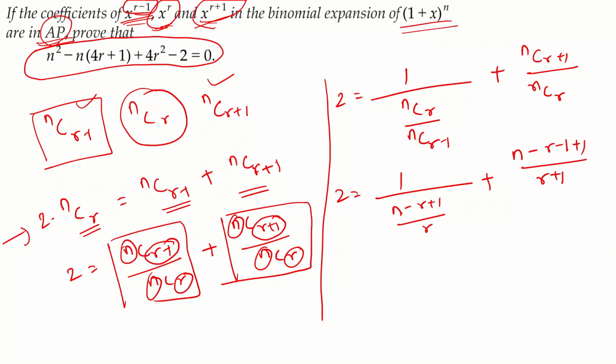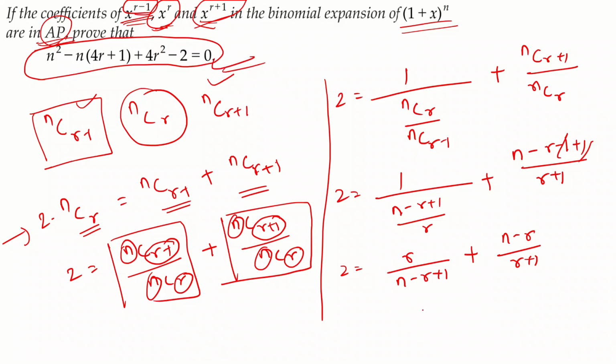Now I can again take the reciprocal, which will give me r by (n minus r plus 1), plus (n minus r) by (r plus 1). All I need is just simplification of this, which should give me what we need to prove.